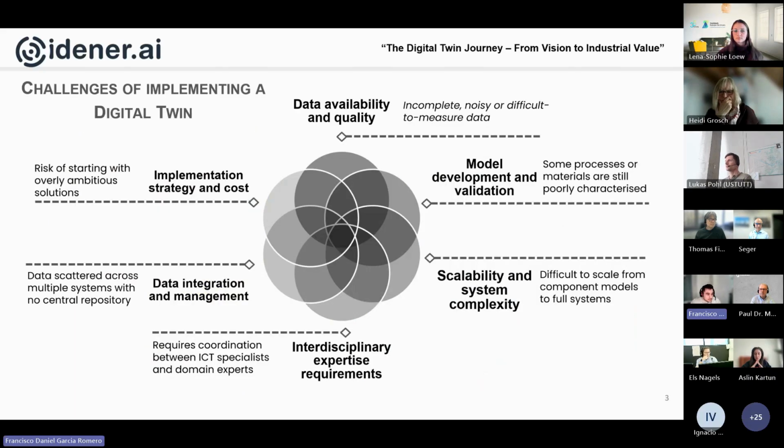But digital twins are also challenging to implement sometimes. They depend on several things. First, they rely heavily on data. So if the data is not available, is incomplete, is noisy, or difficult to measure, the digital twin will not work as properly as possible.